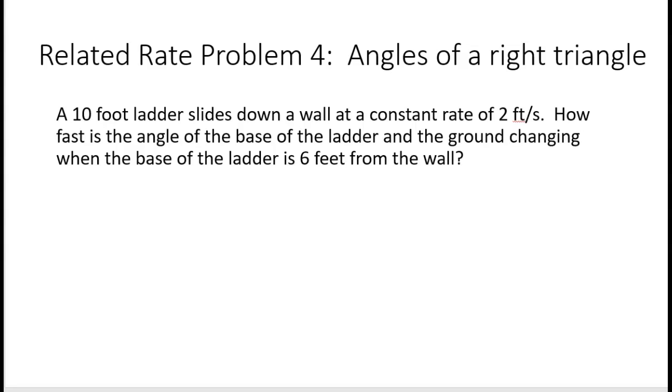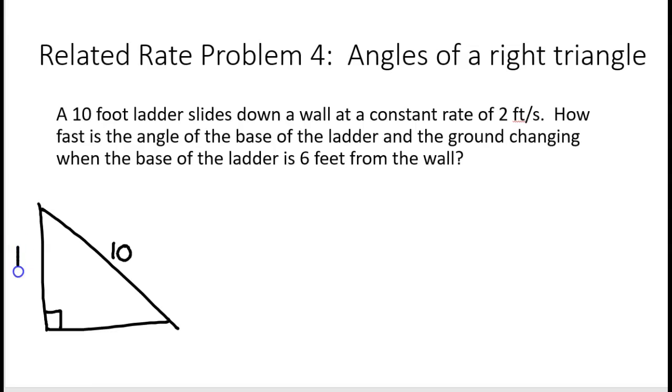All right, so I have a wall, and I have a ladder leaning up against that wall. They tell me that the ladder is 10 feet long. We can assume that the wall is perpendicular to the ground, making a 90-degree angle. And we have a couple things that we're interested in.